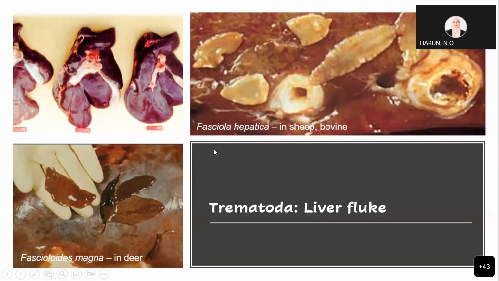Bear in mind, this is how it looks when the fluke is in the liver. You can see the first one, the second one, and the third one.